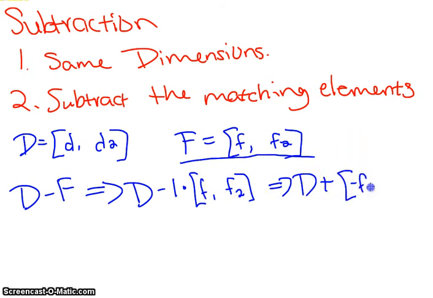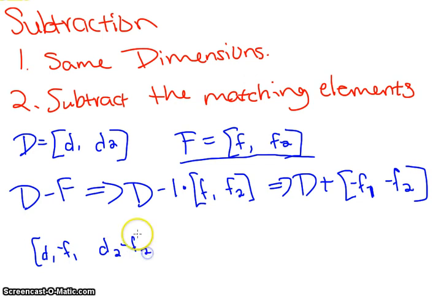So -F1, -F2, and then just add them, and you would get D1 minus F1 and D2 minus F2. So same dimensions, and the elements are matched up, as you can see.